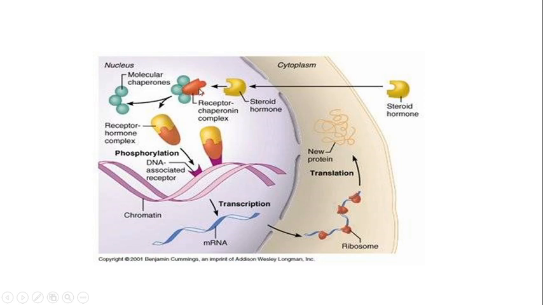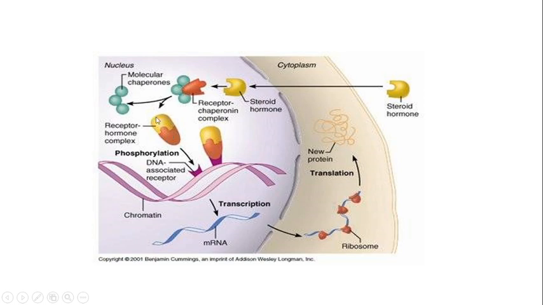You can see this red one is a receptor for this hormone, and this receptor is attached to molecular chaperones, another kind of protein. When the receptor combines with its molecular chaperones, it creates a docking site, an attachment site for the steroid hormone.